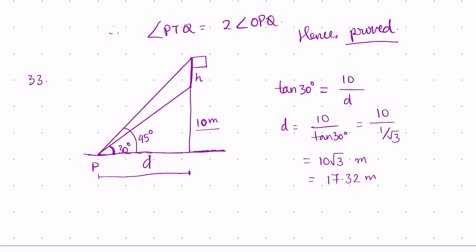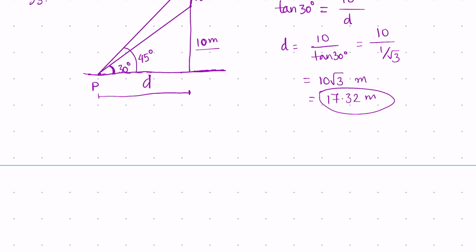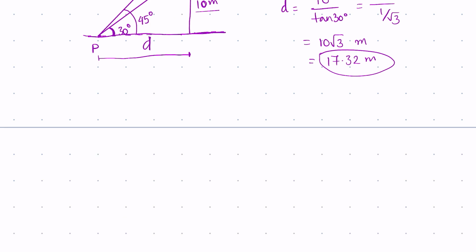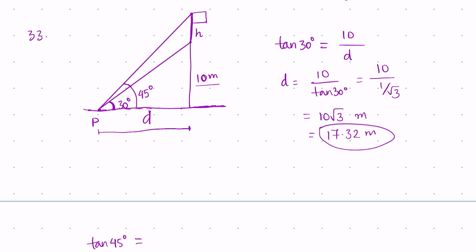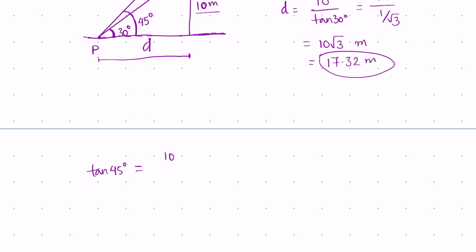Since the question also says you may take root 3 equal to 1.732, this distance we found out is approximately 17.32 meters. Next we need to find h. How might we find that? Well, let's write one more equation. Tan 45 degrees is equal to, for this angle, the opposite side, which is 10 plus h, divided by d.